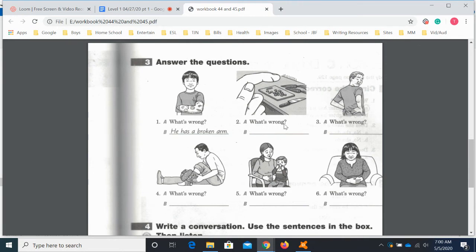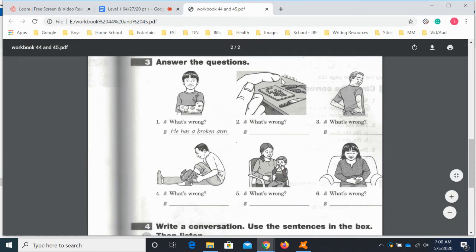The next picture, what's wrong? We're going to assume this is a man. Well, it might be a woman because they're cooking. Could be a man, men cook too. But right here, we can see here's a knife and something is wrong right here with their finger. So we will say, he has a cut.